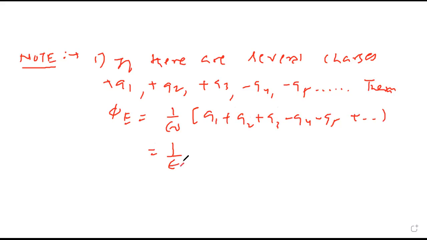That is nothing but 1 upon epsilon naught, summation of all these charges. Right.